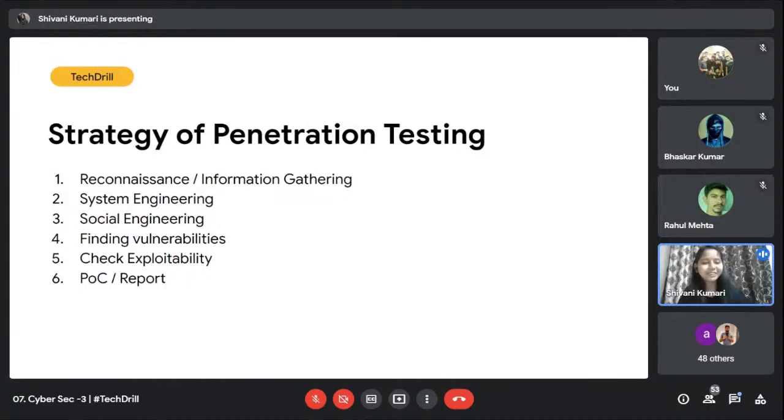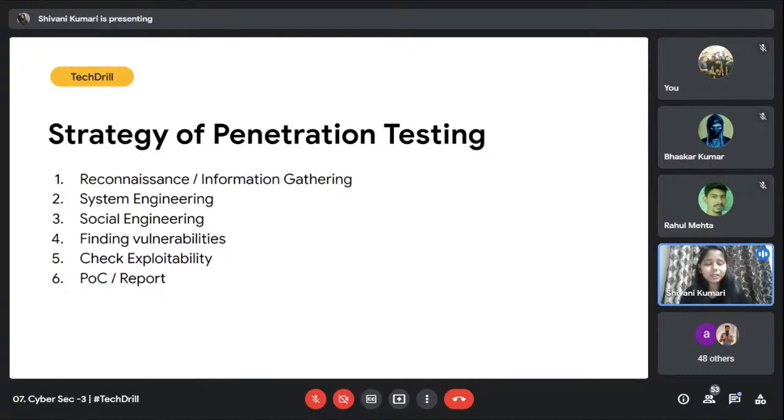Okay. So the next phase is checking the exploitability. After finding the vulnerability, what's the next step? We have to check the criticality of the vulnerability. For example, I got a SQL injection, which is very critical in nature. But what if even after using a SQL injection payload, I got into the system and into the database, but the database is empty?